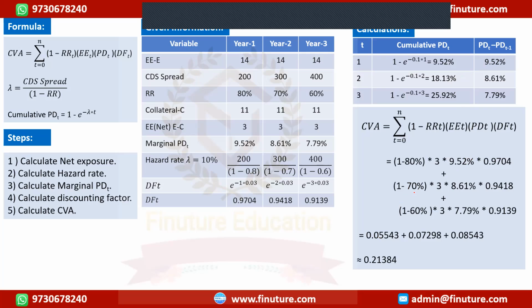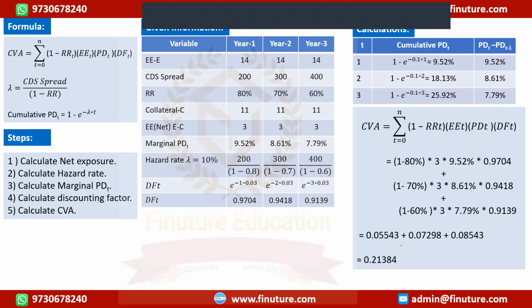Likewise, it has been plugged in for year two, wherein we have a loss given default of 30%, net exposure of 3 million, and your marginal default probability is 8.61%, and the discounting factor. Likewise, for year three, we have a recovery rate of 60%, so loss given default would be 40% of 3 million Australian dollars times your marginal default probability for year three, 7.79%, times your discounting factor.